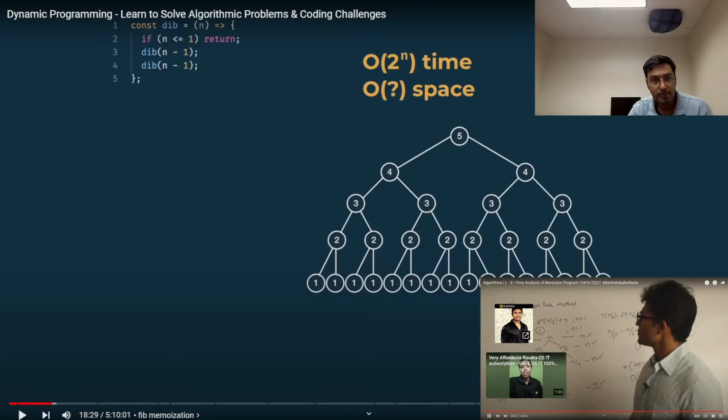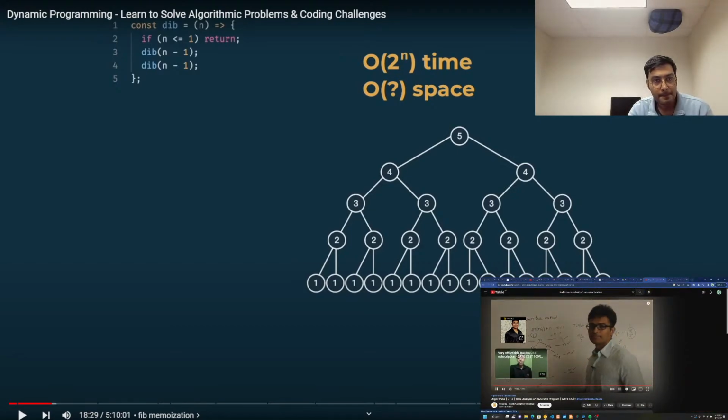So that is how the recursion tree method works. We shall see one more example.